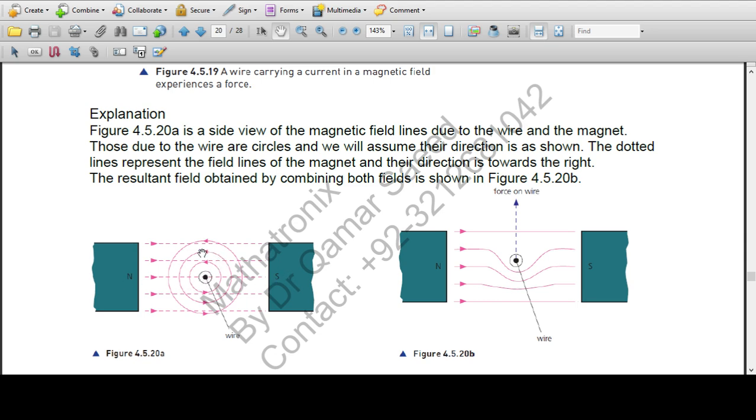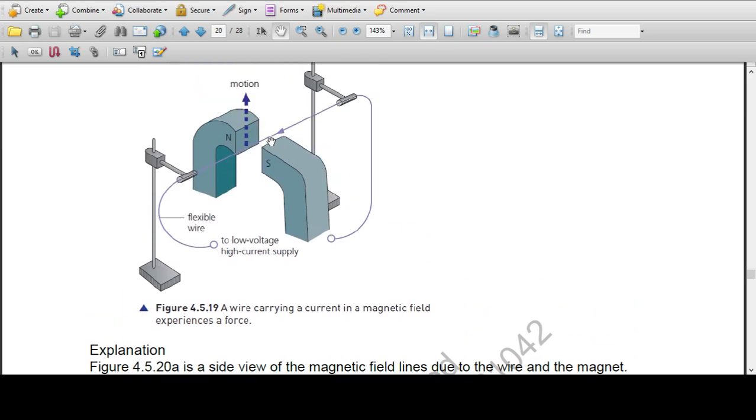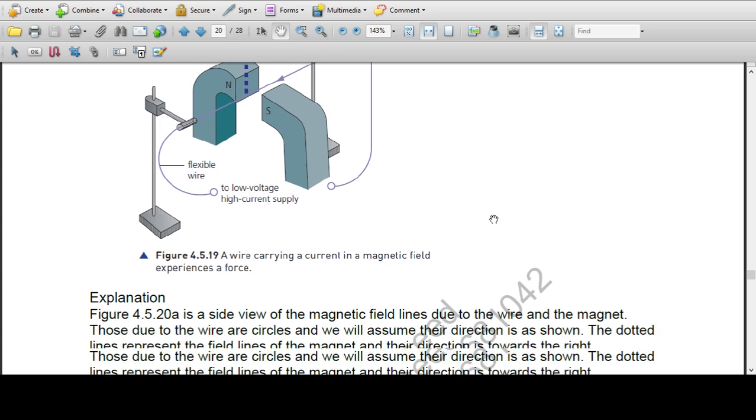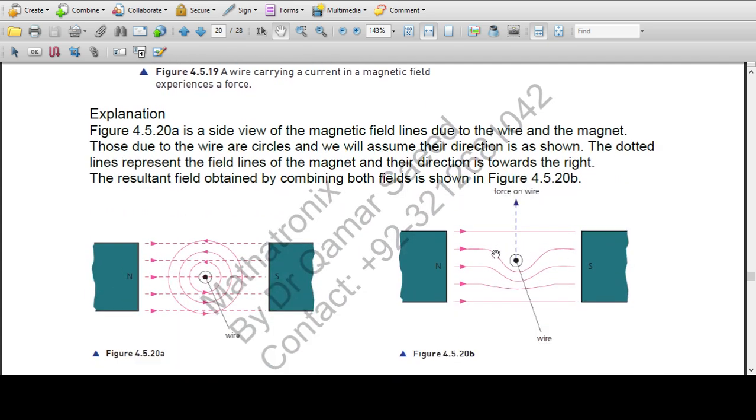As a result, another magnetic field is developed by this current inside the coil, and this will interact with the main magnetic field, and the force in the wire will appear like this. So this current inside the coil will develop a magnetic field around it, which will interact with this main field, and the combined effect will appear like this, combining both fields as shown in this figure.